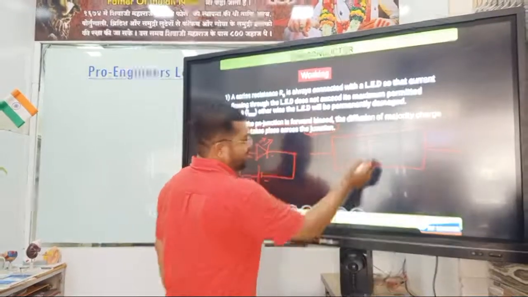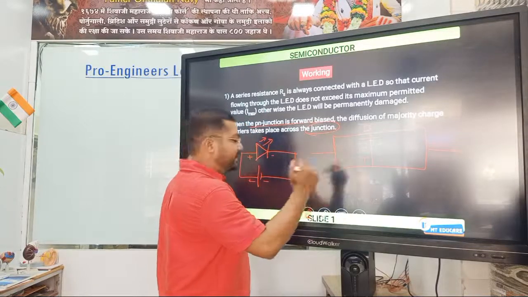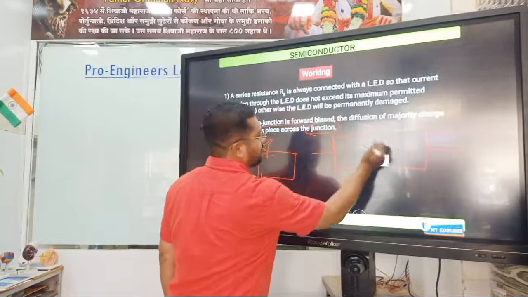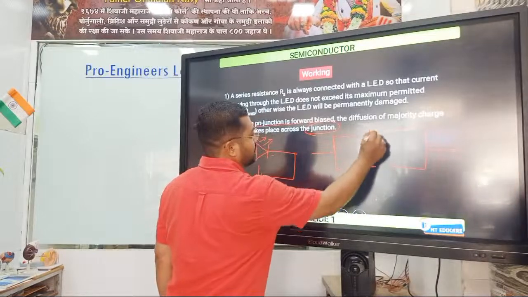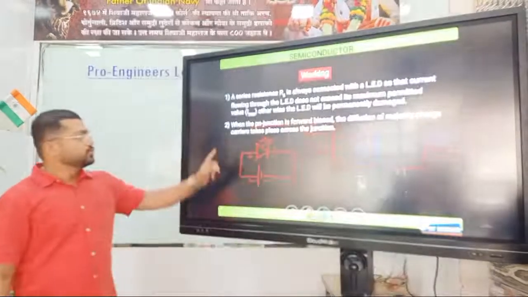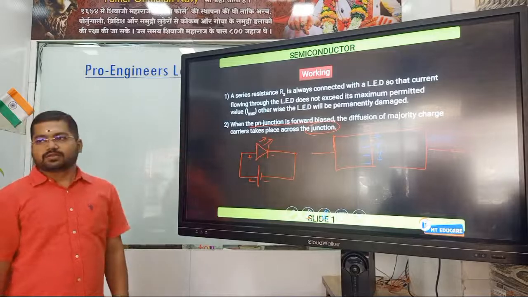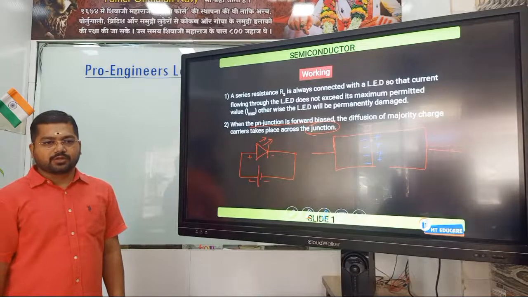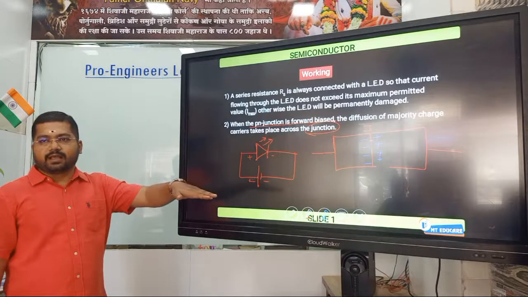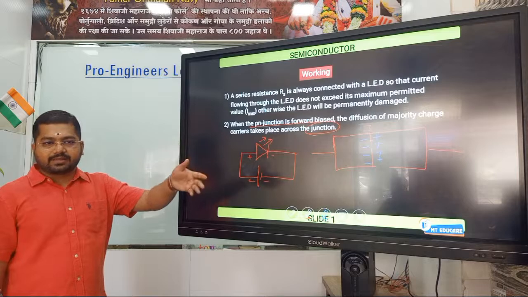So majority carriers, in this case negative charges, will get diffused at this terminal, right? So majority charge carriers diffuse across the junction. I hope now you understand. So certainly we have to break the barrier again, and after breaking that barrier, conduction will take place and light will come out.